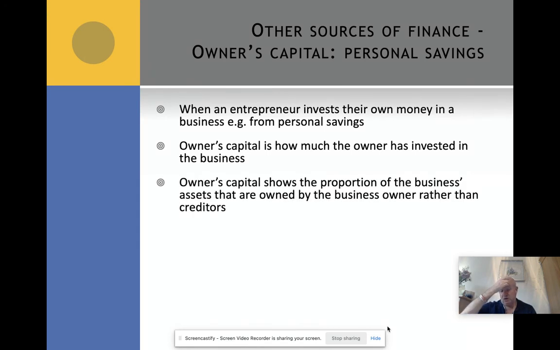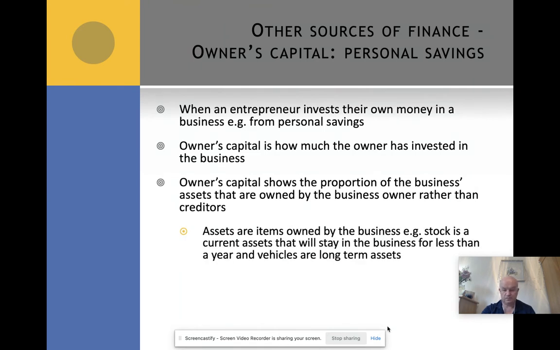It also shows the proportion of a business's assets that are owned by the business owner rather than by creditors.